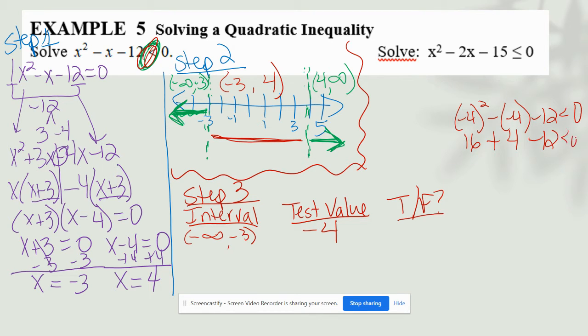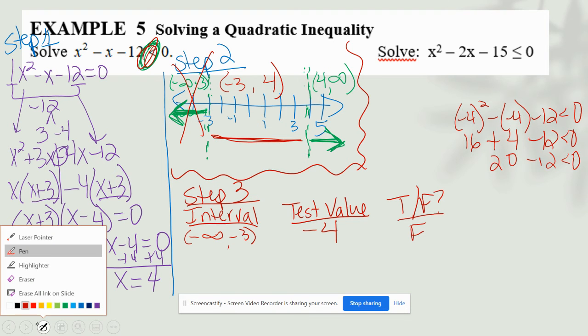Minus 12. 16 plus 4 is 20. Is 20 minus 12 less than 0? No, that's false. So that cannot be part of our answer.